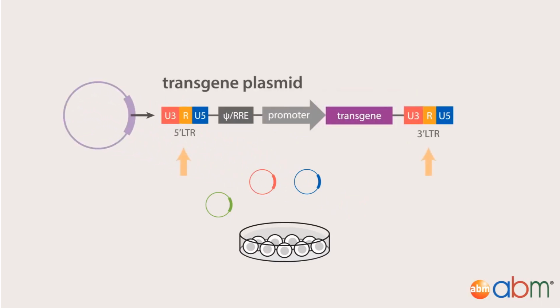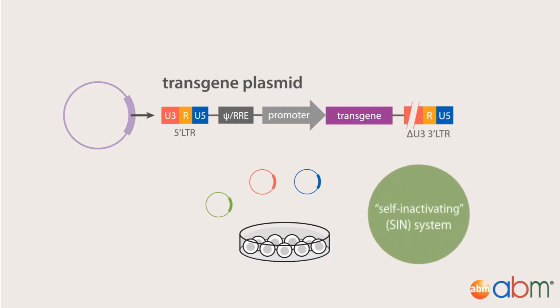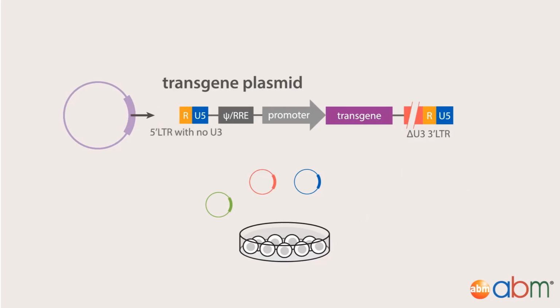In addition, the LTRs flanking the transgene are further modified as they contain enhancer and promoter regions that can activate adjacent cellular proto-oncogenes. By removing this enhancer and promoter region, U3, from the 3' LTR, a replication incompetent, self-inactivating system is created as this deletion is transferred to the 5' LTR after reverse transcription and integration.